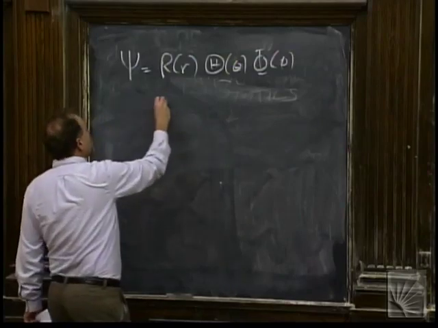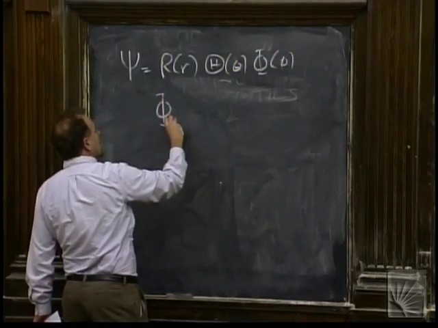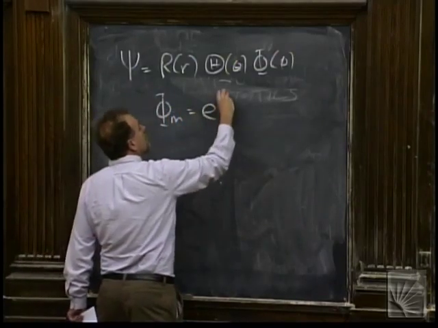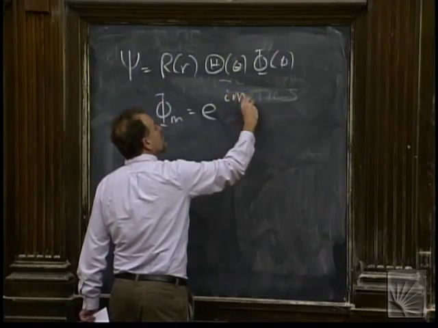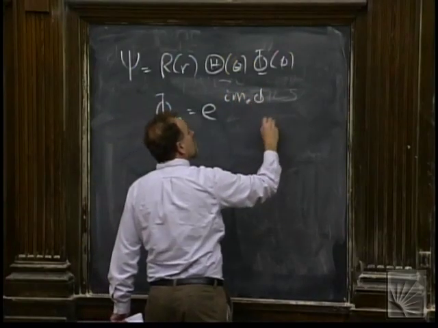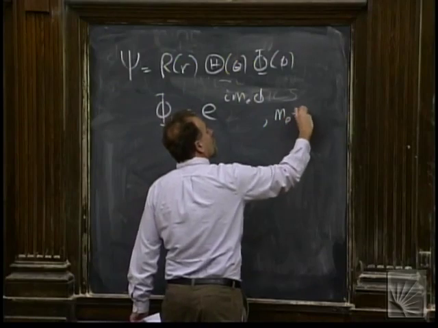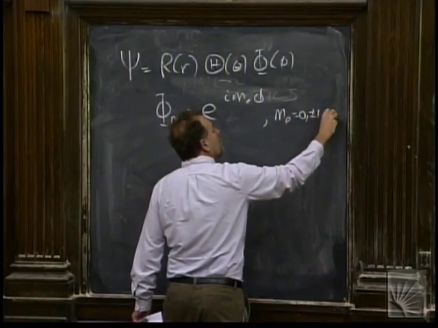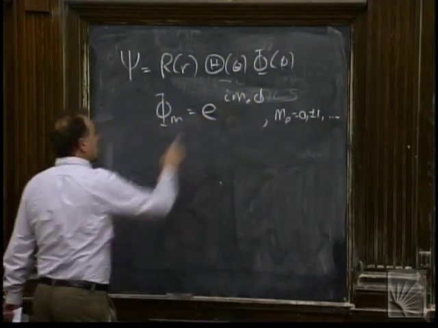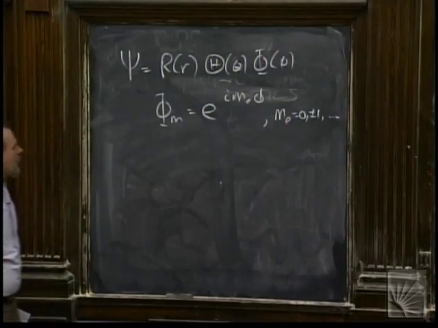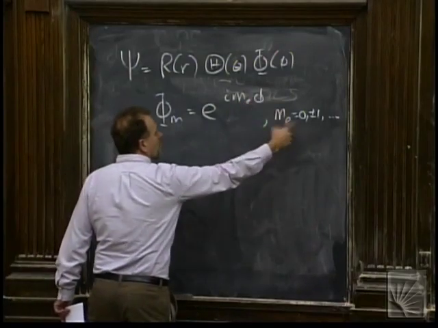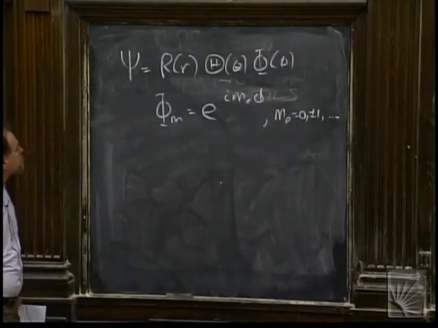And we found Phi, we stuck the label m on it, and it was just this: e to the integer times phi, the angle, with m taking those values.